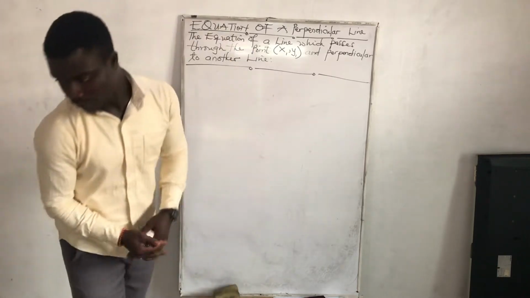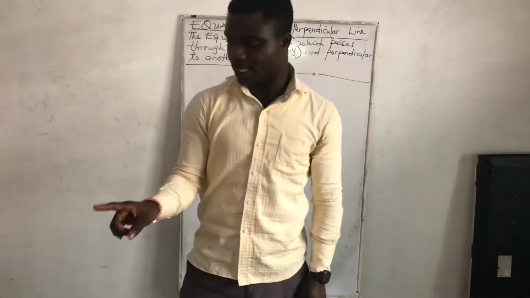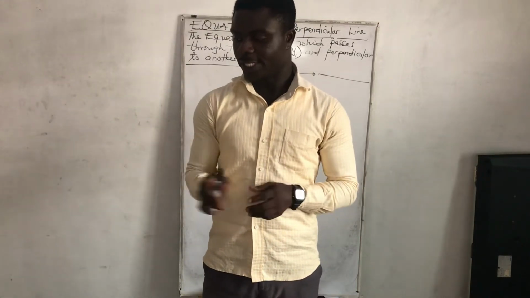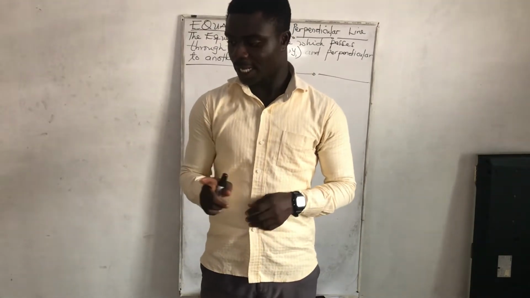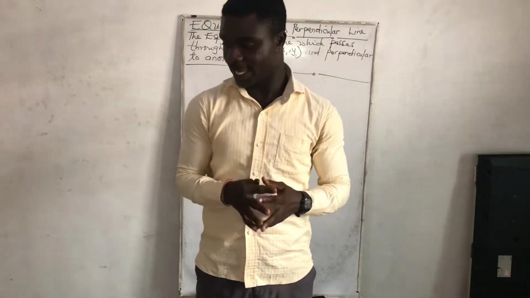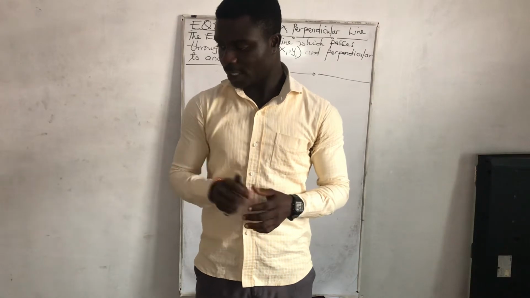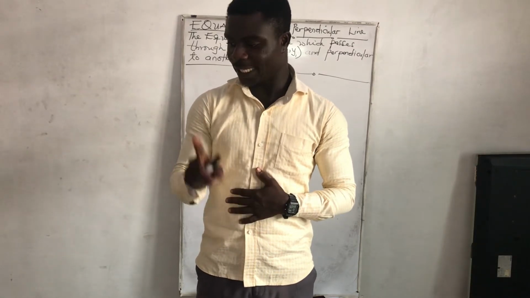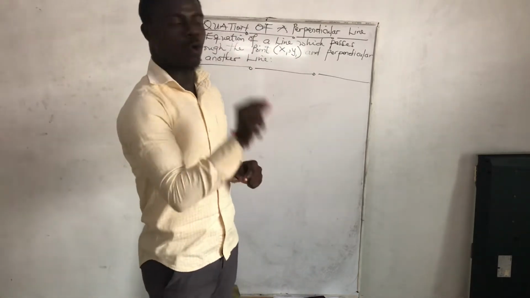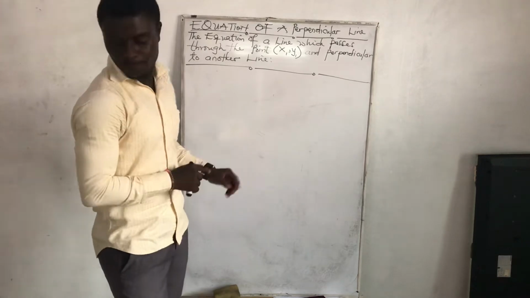Kindly listen: two lines are said to be perpendicular if the product of their gradients is -1. As I said, if the gradient of a line is m, then the gradient of the line perpendicular to it is -1 over m, as we did here.